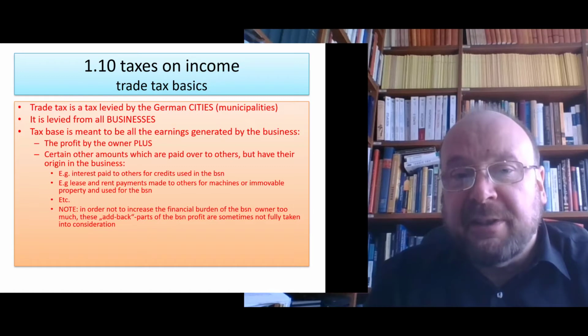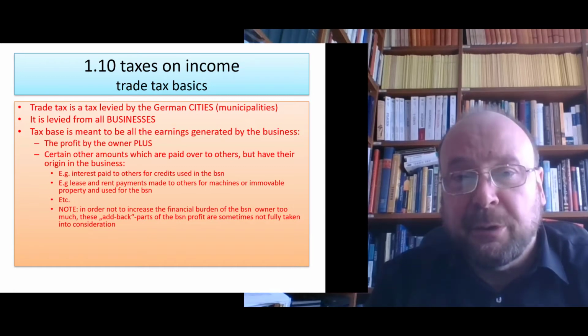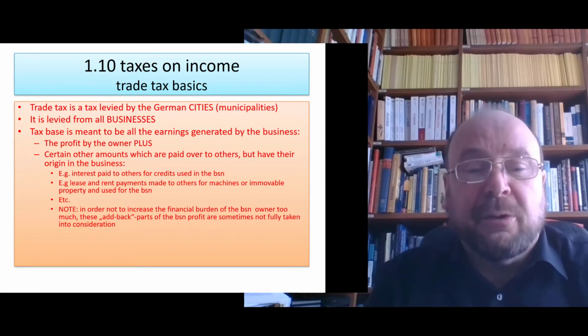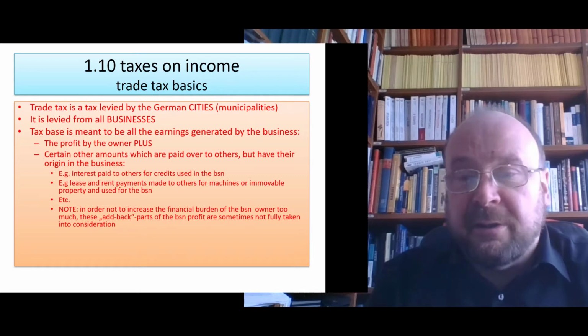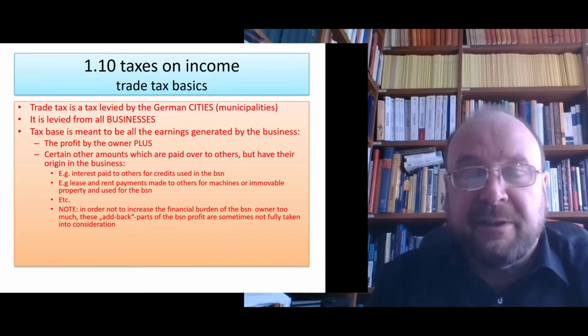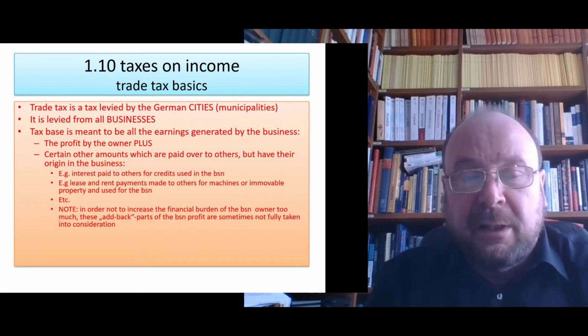Naturally, that's perhaps a kind of a hardship if you are a business owner, because then you have to pay your trade tax on your own profit, on the interest which you pay over to others, on the lease and rent payments, on the license fees, and all that.